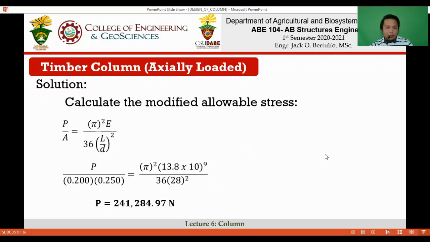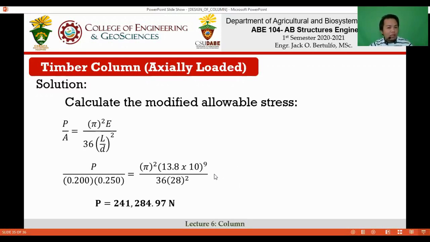So again, back to the formula for calculating the modified. Let's check for P. Substitute the same process as earlier, class. So we can calculate that the load P is 241,284.97, which is greater than our allowable of 240.